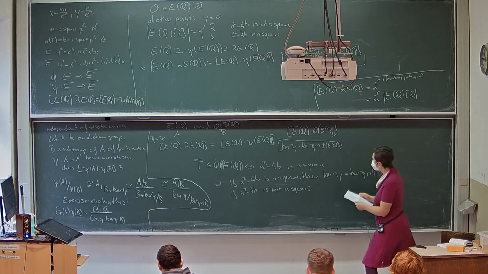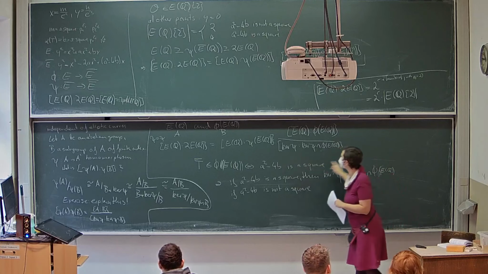Then we just get rid of half the elements, and this index will be 2.